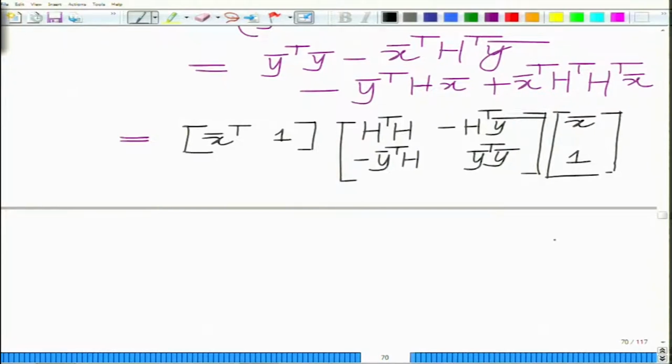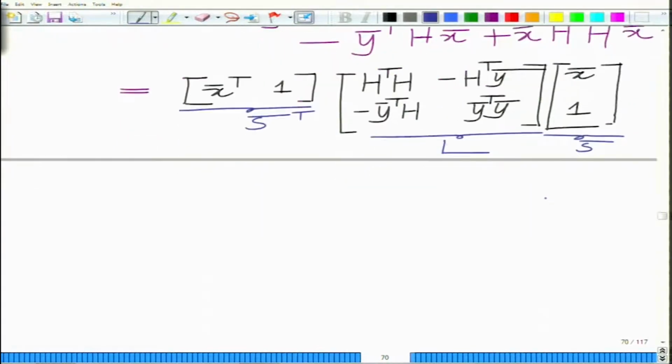If I call this t plus 1 dimensional vector S bar, this I call the matrix L.